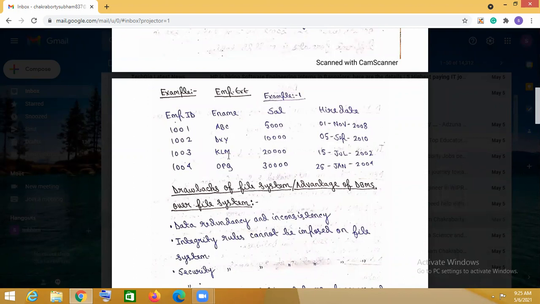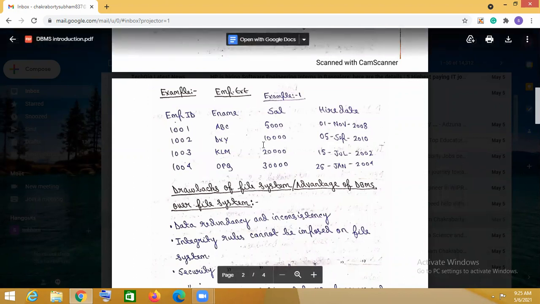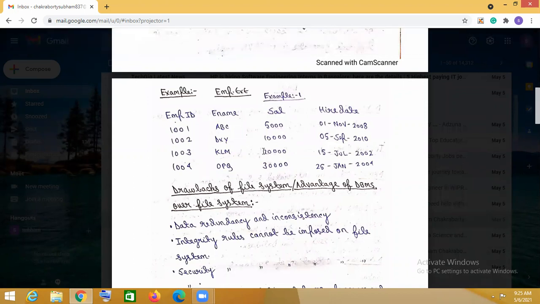Like in the file system, if you see the drawbacks of the file system, you can store this table on the desktop, and the same table is stored in the documents also. So the same piece of data is stored multiple times. This can be a problem in the file system.